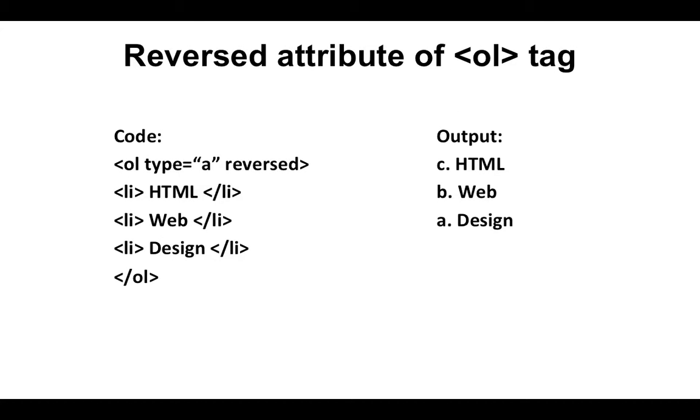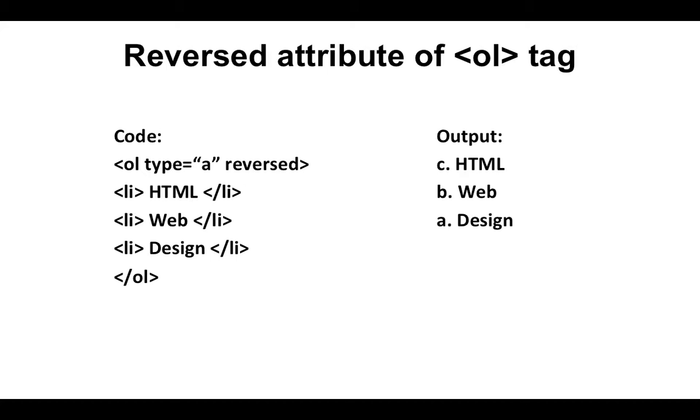Now I'm using a combination of type attribute and reversed attribute. Now make a note here. Type attribute has got a value A. Reversed attribute does not have a value. It just is. There is no value given for reversed.